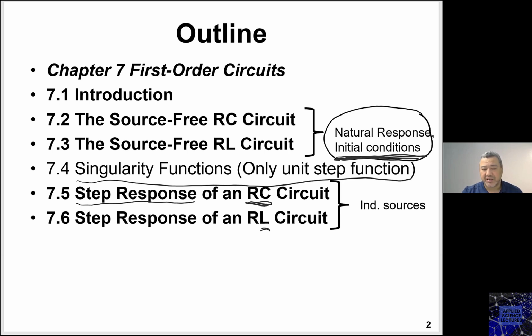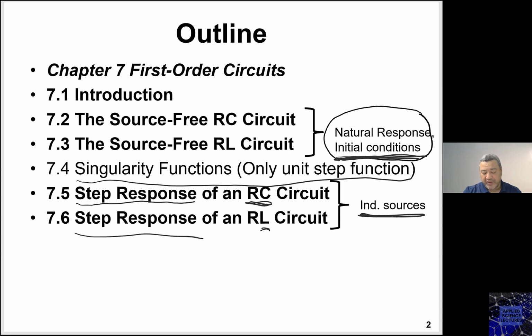So in this case, it's not going to be a pure natural response. It's going to be a mix. But in a step response, we do have independent sources. We're going to see what those independent sources are going to do to the transient response of my circuit.